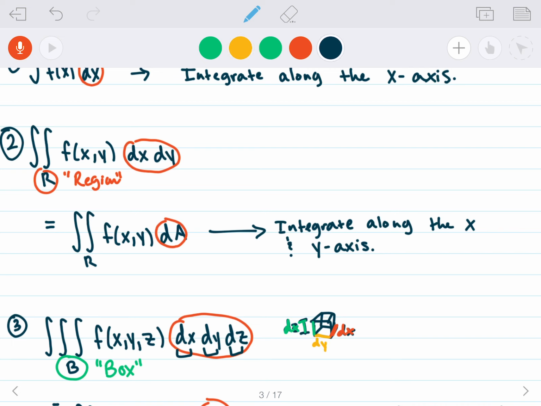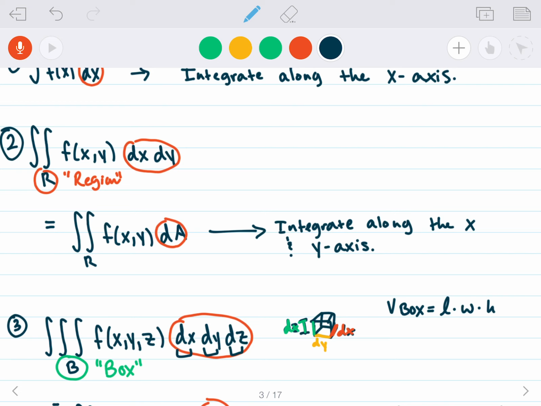And to find the volume of a rectangular prism or a box, we just multiply the length times the width times the height. So remember the volume of a box is just length times width times height.